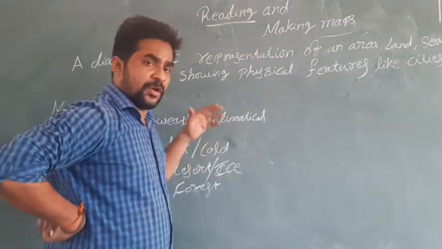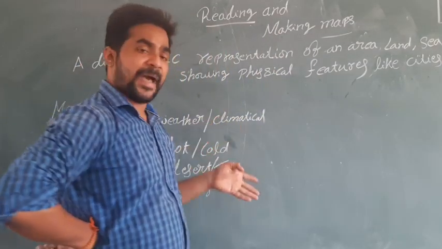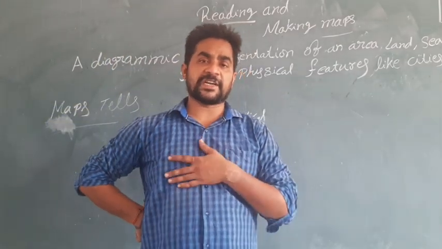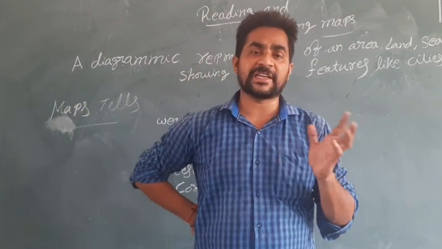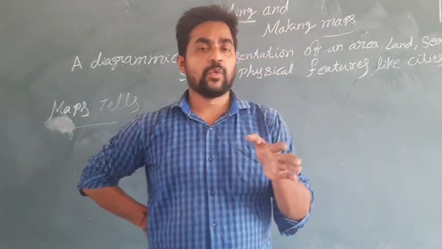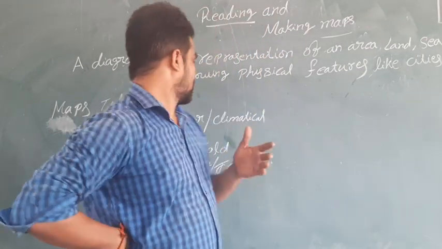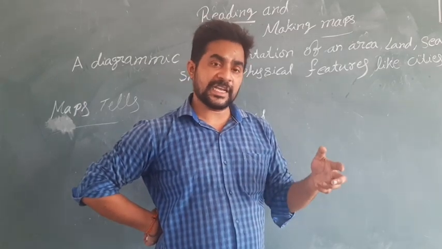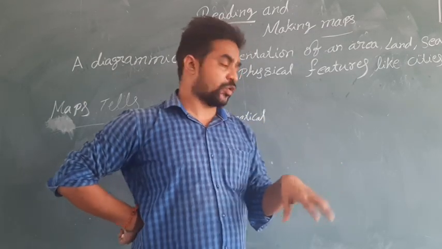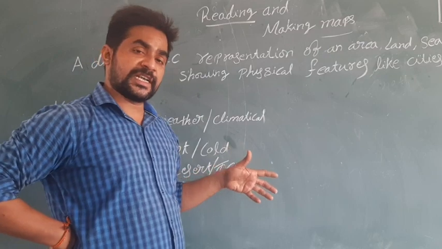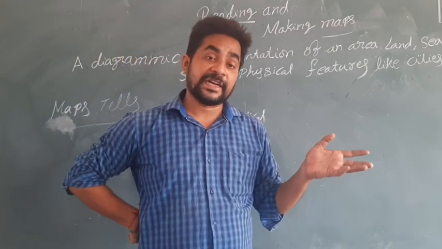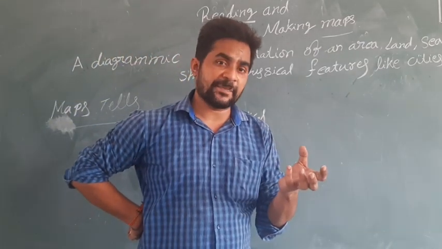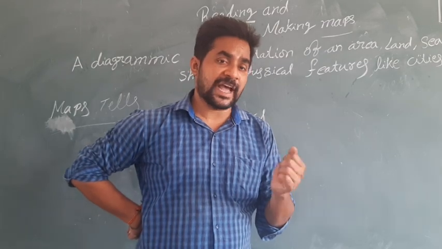One more time, what do maps tell us? The weather conditions, or climatic variations, between one place and another. Also whether the area is hot or cold. Also whether the area is a desert area. Desert means a place covered with sand particles.